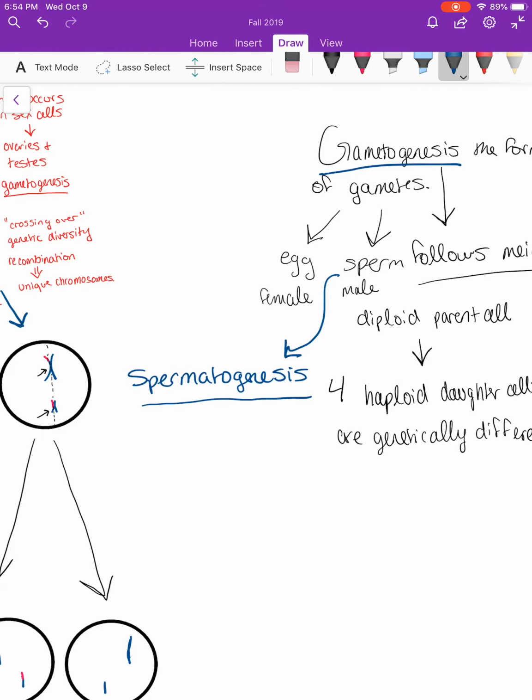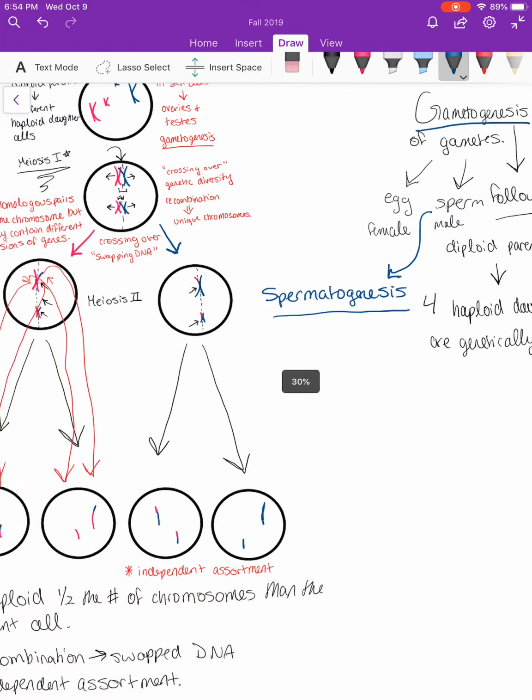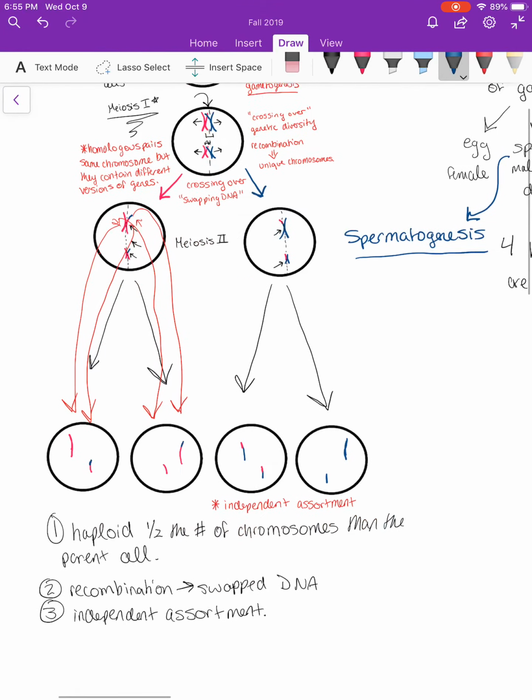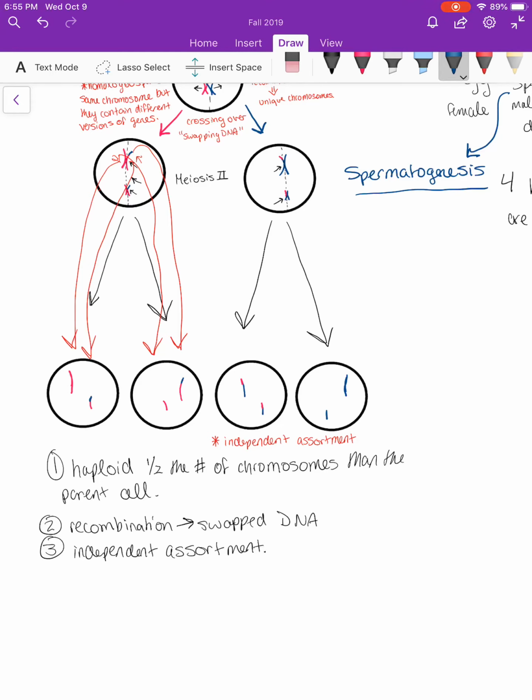Okay? So, spermatogenesis follows meiosis pretty much to the T. There's really only one place where it varies.